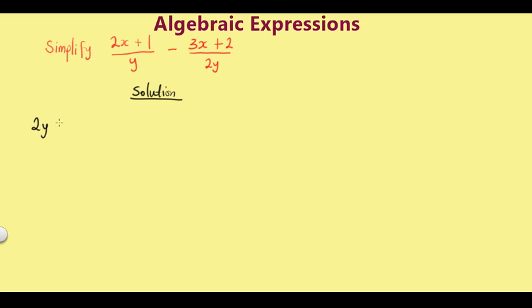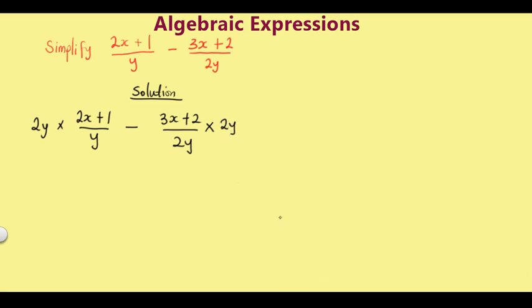So 2y is being multiplied by (2x plus 1) over y minus (3x plus 2) divided by 2y.